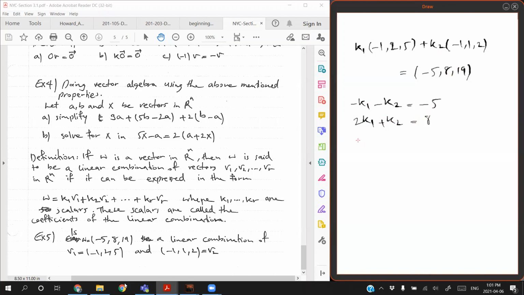And then 5K1 plus 2K2 is supposed to be 19. So I'm dealing with a system of three equations and two unknowns. The augmented matrix for that is going to be like this.